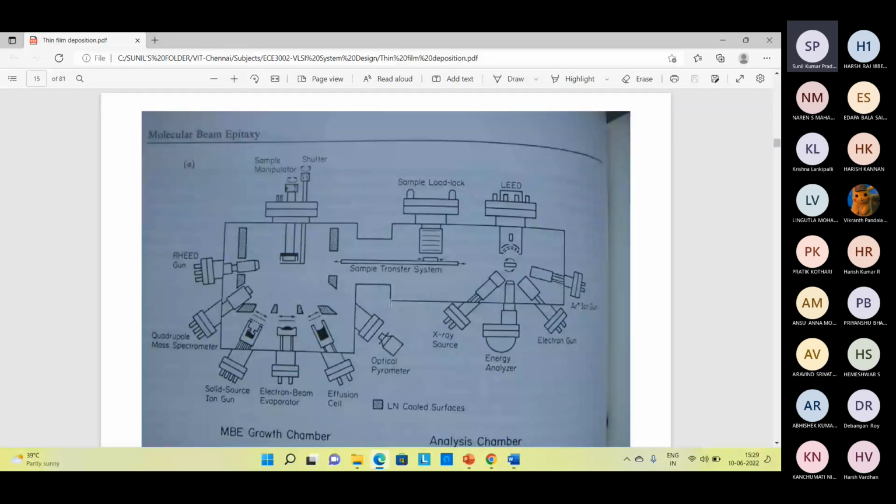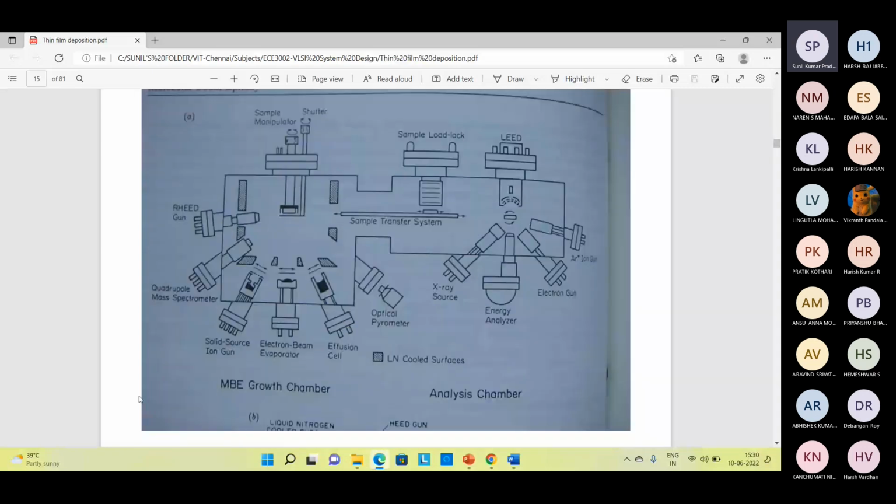So this is actually how the molecular beam epitaxy looks like, in a schematic symbol. If you can see here, this is a solid source ion gun. This is an electron beam evaporator. This is a diffusion cell, and here the RHEED gun, where we can measure the thickness of the deposited film.